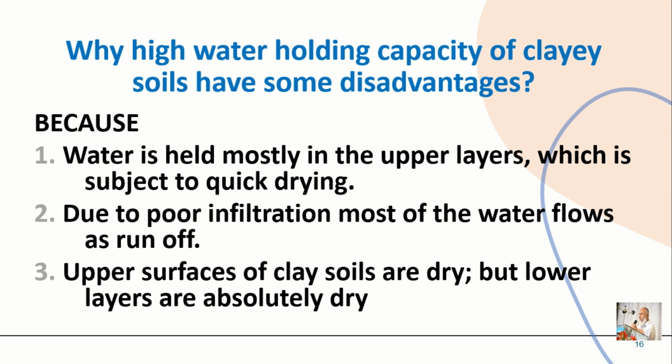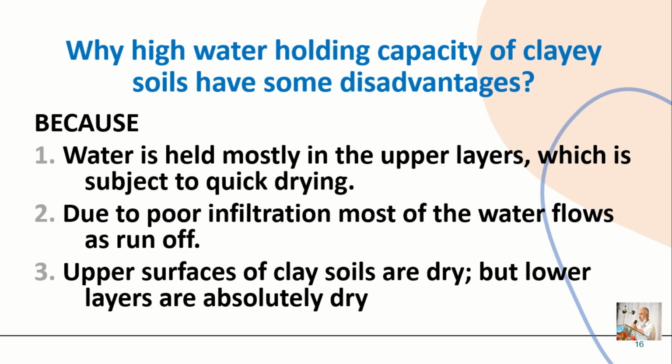One of the disadvantages is that water does not move through the profile. In a loamy or sandy soil, water from the top slowly, gradually moves down, and ultimately it may join the groundwater table if more water is available, wetting the whole profile. But in this case, water does not move easily.